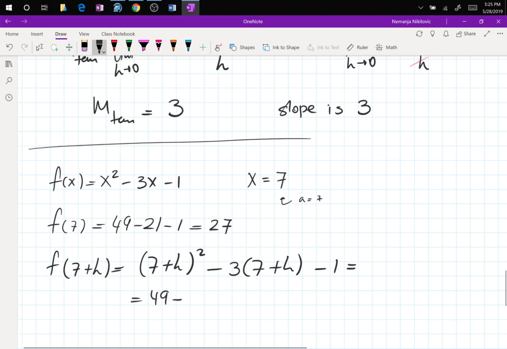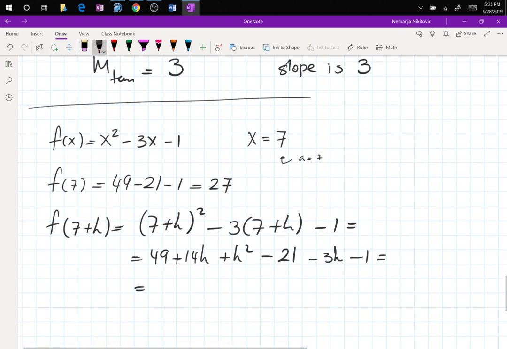That's 49 plus 14h plus h squared minus 21 minus 3h minus 1. So 49 minus 21 minus 1, that's going to be 27 plus 11h plus h squared.